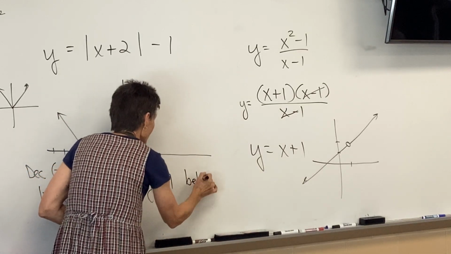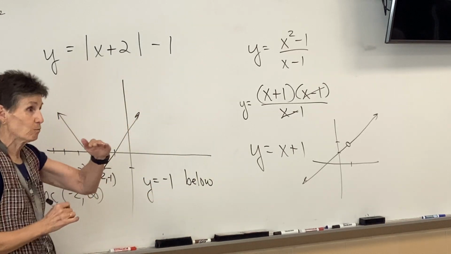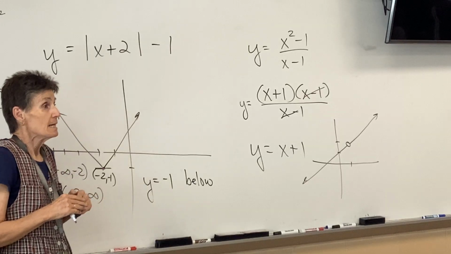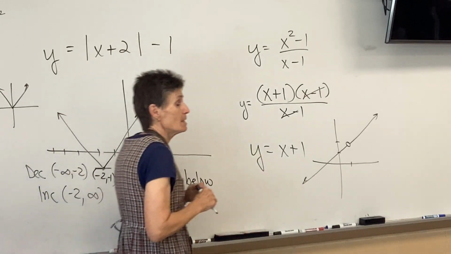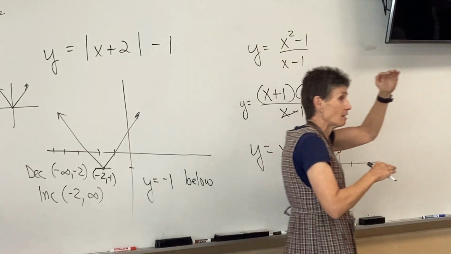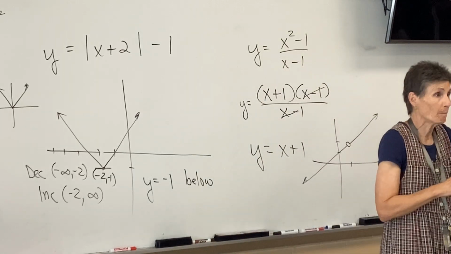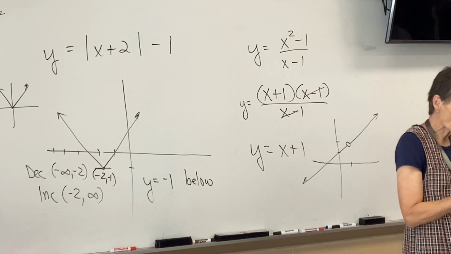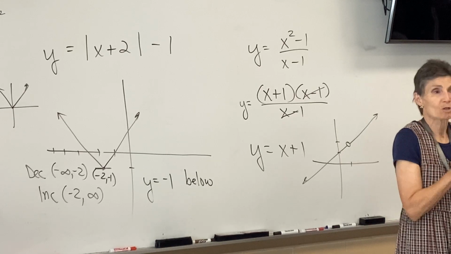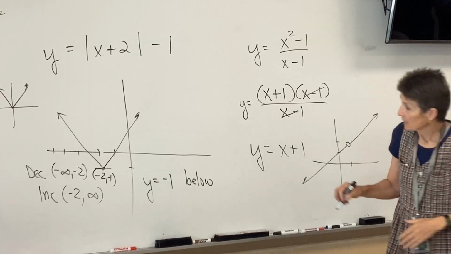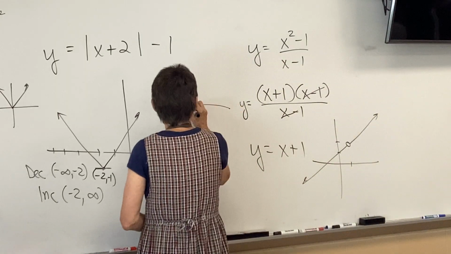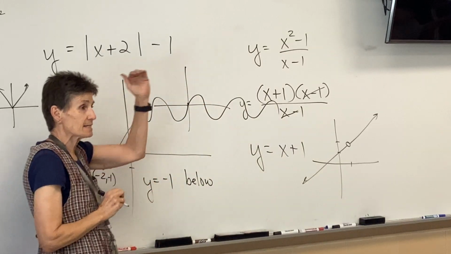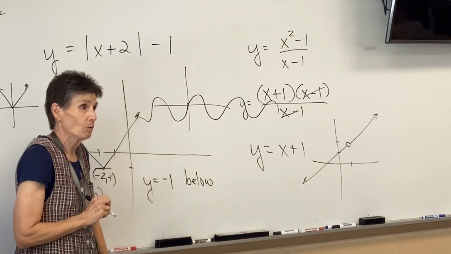So it is bounded below at -1. If you have a curve that has a ceiling and a floor, it's called bounded. This one is not bounded above, it is bounded below, not both, so it's not bounded. A handy dandy sine curve would be bounded because it has a ceiling and a floor.